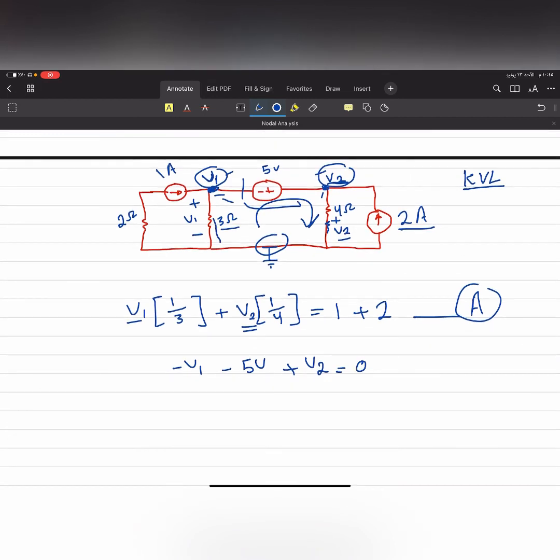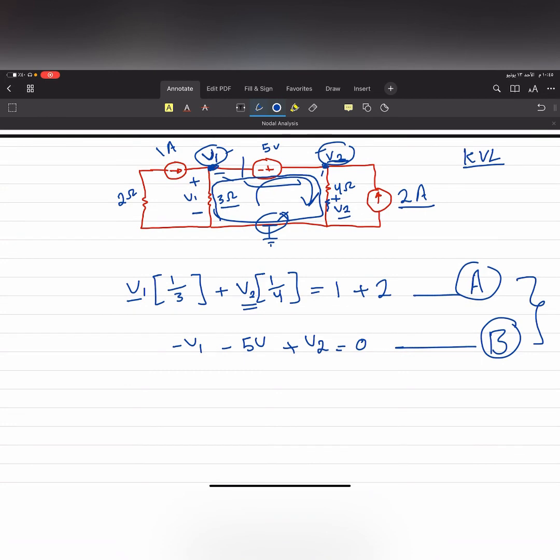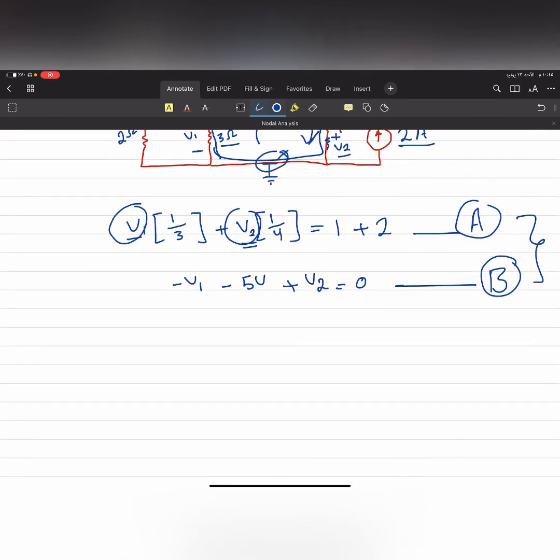Entering from here, negative V1 here, negative 5 volts here, positive V2, okay? And this one, of course, is 0, so I don't give it attention. Now you have your B equation. Solving these two equations as a system will give you V1 and V2. Then you solve the problem very easily.